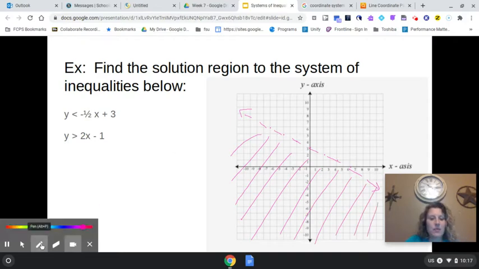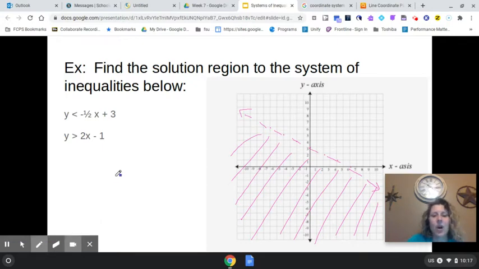I'm going to graph the next inequality in a different color. I'll choose blue. Our y-intercept is at negative 1, and our slope is 2. So I'm going to rise 2 and run 1. Again, I'm going to continue to mark points so that it makes it easier to draw a straight line.